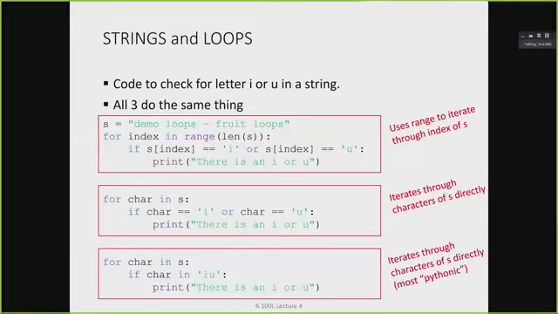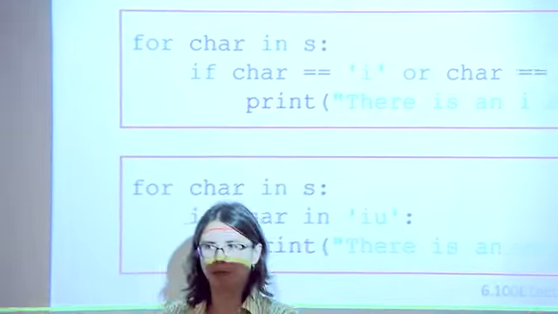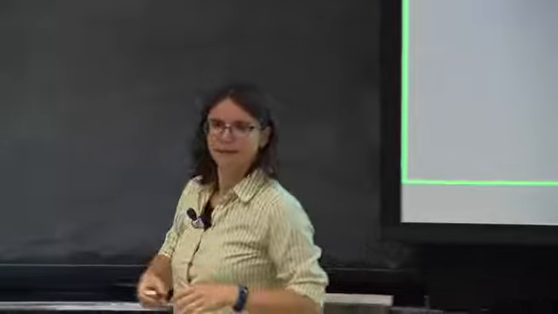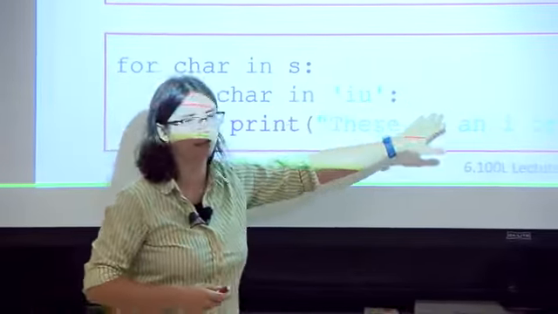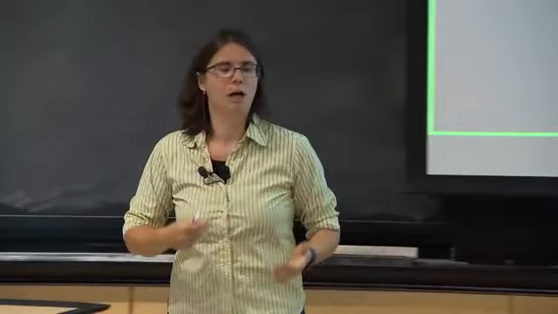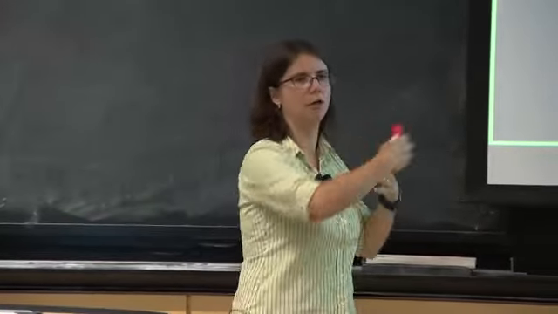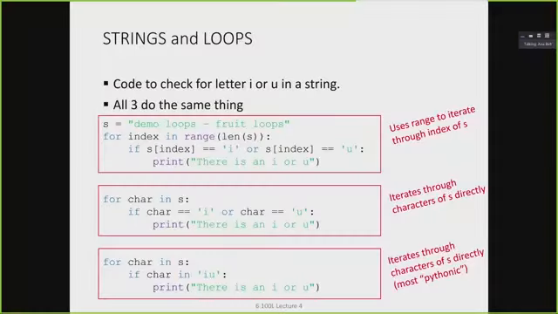Because in the middle box, we could do if char is equal to I or char is equal to U, which is fine. But if we wanted to test if the character is one of the digits 0 through 9, this if-or would become a really long line, right? And so all we can do is, if char is in some particular sequence of characters, Python will automatically turn that into the longer if it's this, or if it's this, or if it's this, and so on.